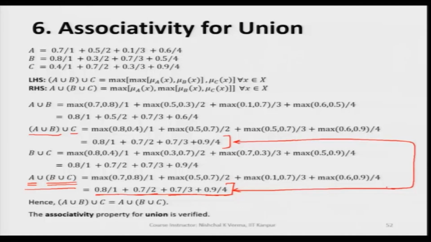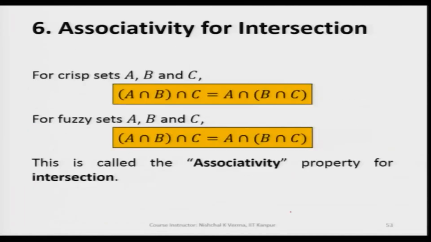So, it is very clear that A union B union C is equal to A union B union C, means the associativity property for union is satisfied or verified. So, this way we have checked the associativity property for union.